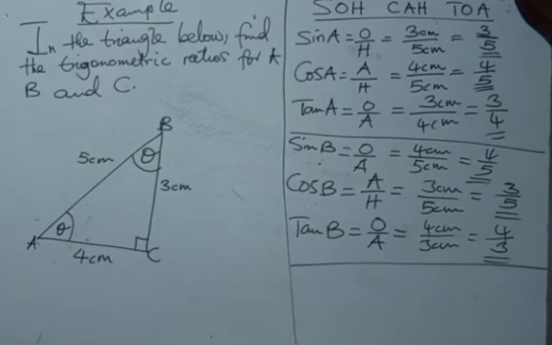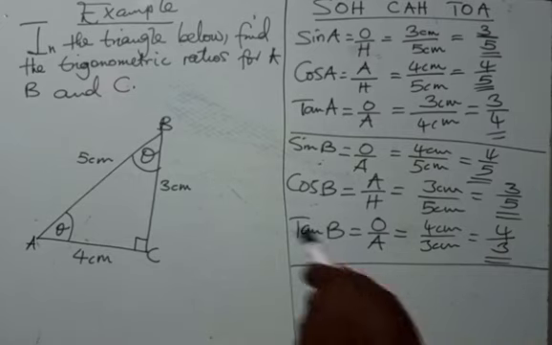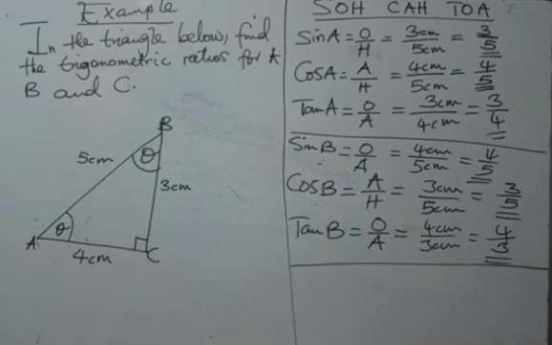Now, of course, I've written C. We won't go for C, because the angle is 90 degrees, and C will give us a challenge. If I say sine C, it will be opposite over hypotenuse.